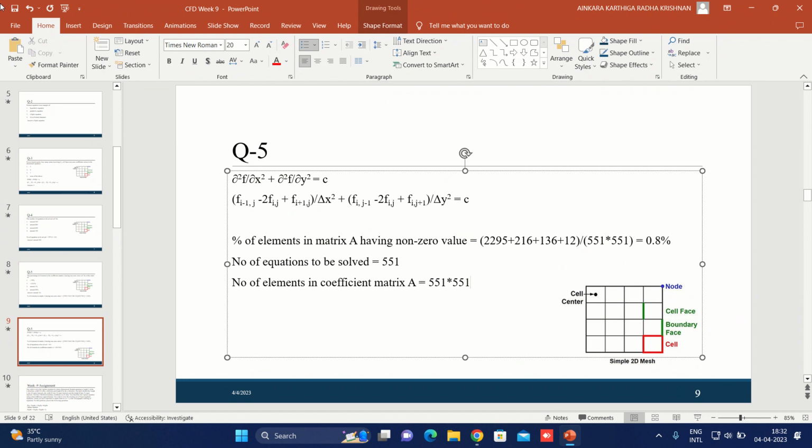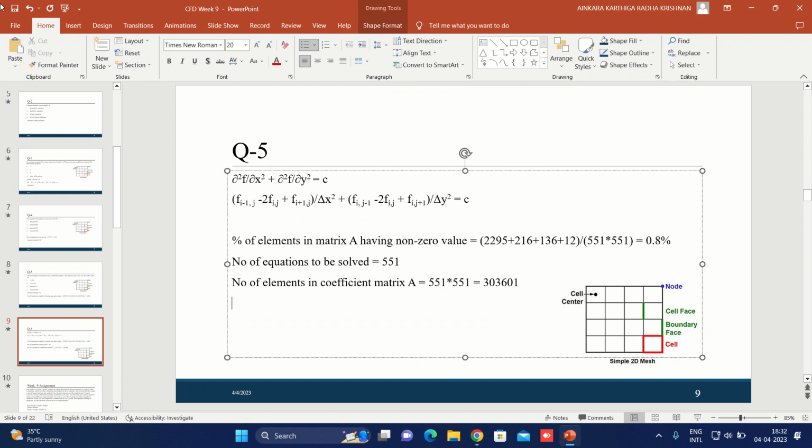That would be around 1 into 551, that is around 33601, and these many equations we have.